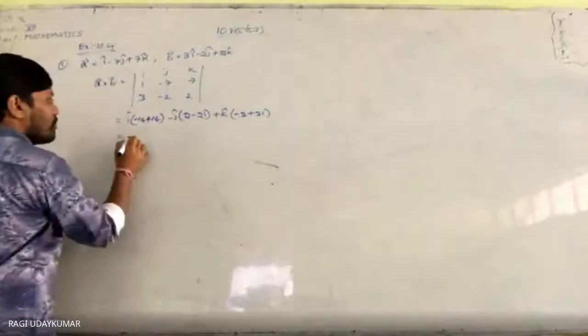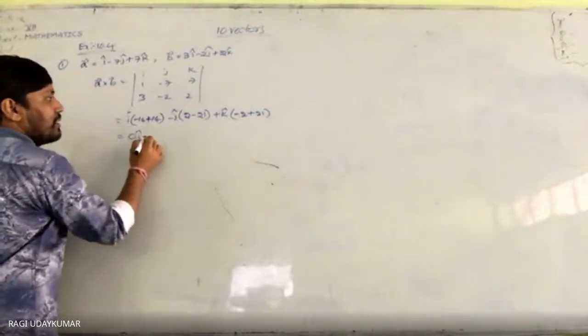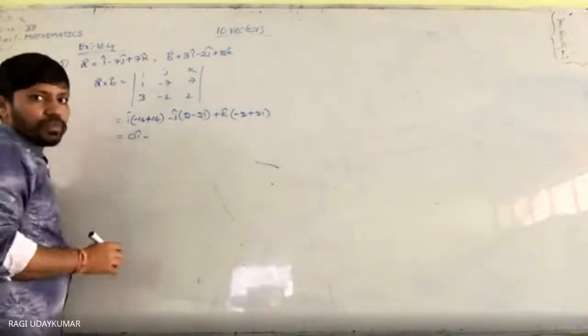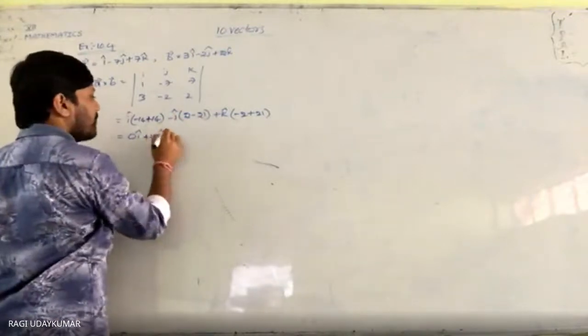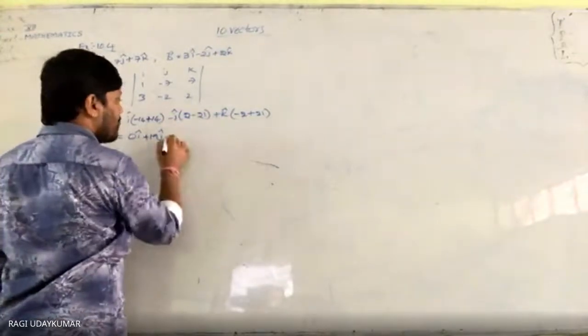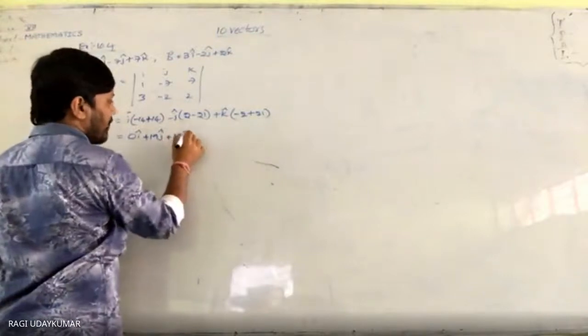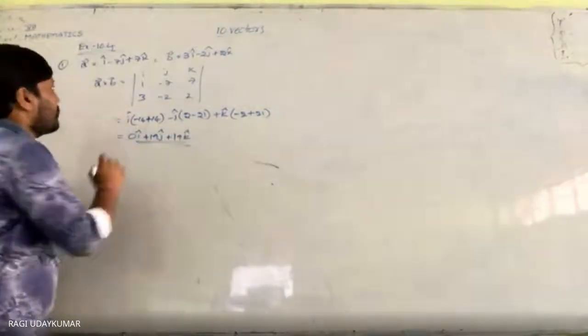So it equals 0 i minus 19j plus 19k. This is the cross product of the two given vectors.